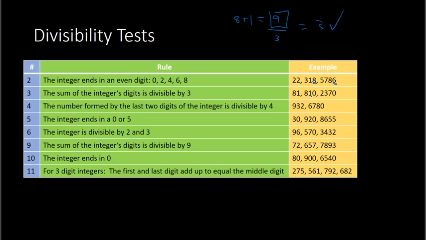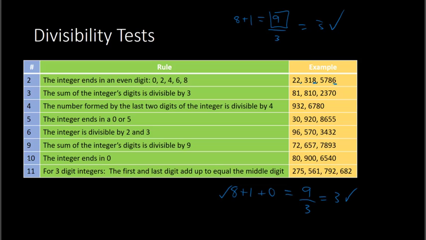So we see 810 for the next one. If I take 8 plus 1 plus 0, just add the digits together, can you divide that sum by 3? And yes, you can. So therefore, the entire number 810 can be divided by 3 as well.